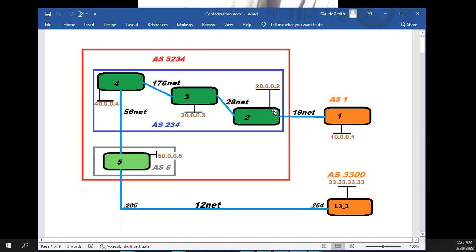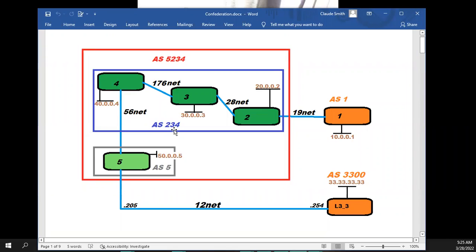You have autonomous system 5, which is down here in router 5. Each of these routers has a loopback, 50.0.0.5, 40.0.0.4, 30.0.0.3, and 20.0.0.2. Those loopbacks represent interior networks within this IBGP system itself. So autonomous system 5 is indicated by router 5.